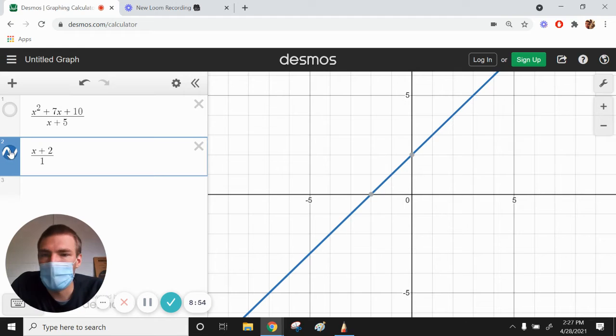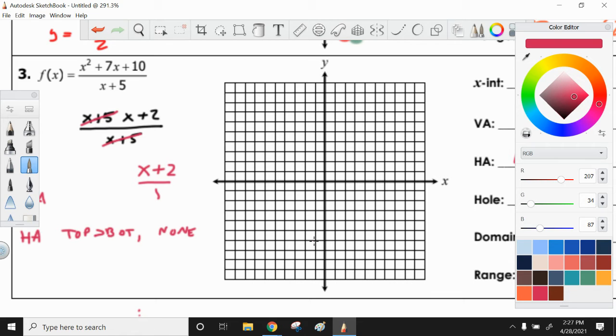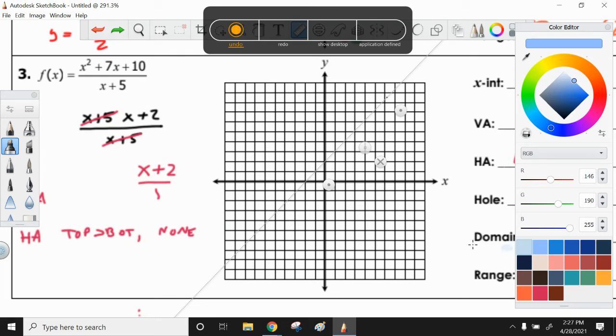That made the hole. So that being said, my graph is actually going to look like a regular old line with a slope of 1. So that's easy. That just means a nice little diagonal here. So our graph should look like this, but let's not use red, because red is our asymptote color.